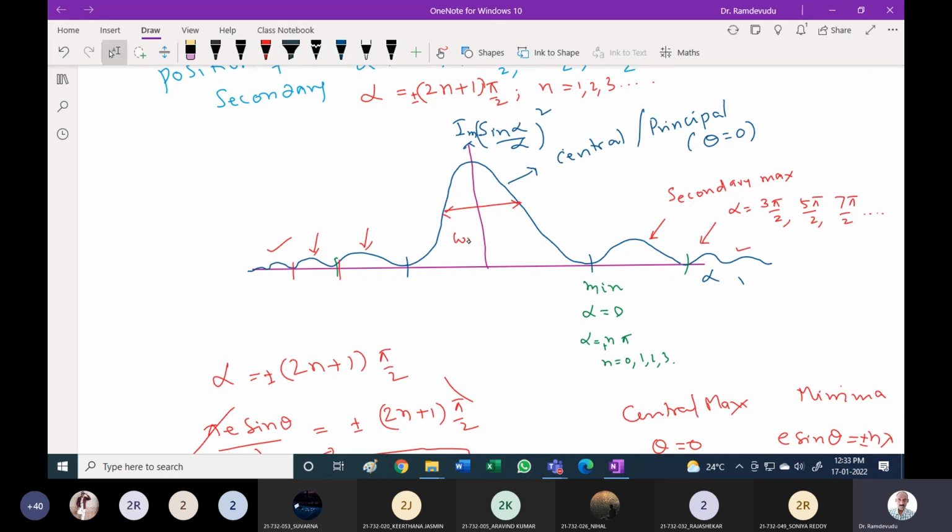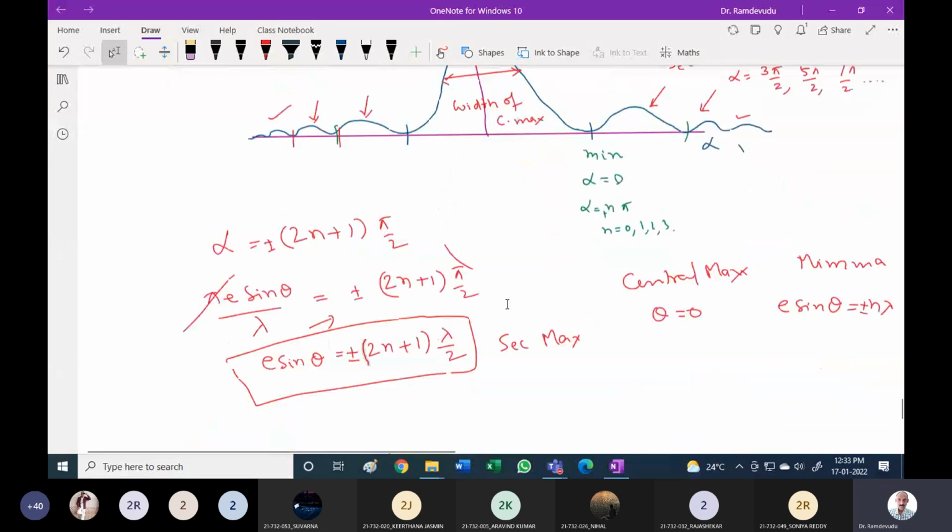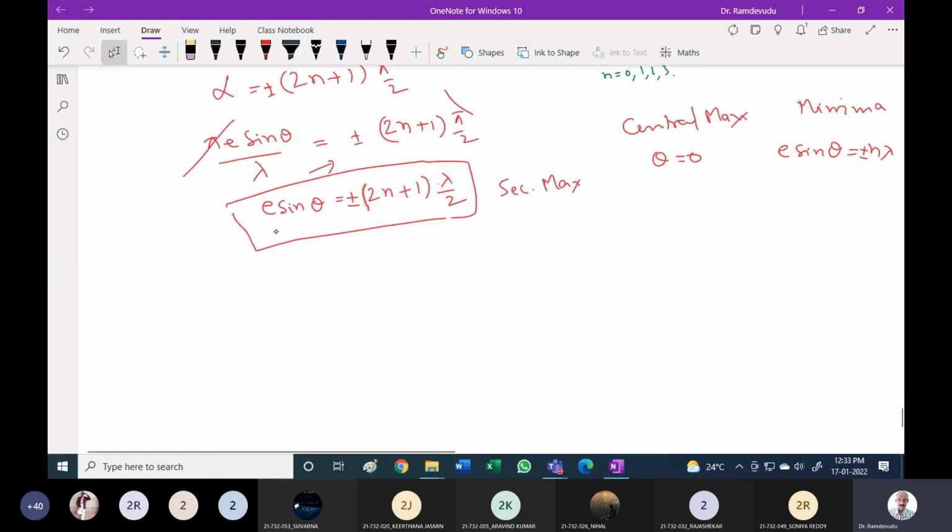So the width of central maxima, what factors does it depend on? From this also you can say it depends on e. If e is smaller and smaller, then the width is larger and larger.